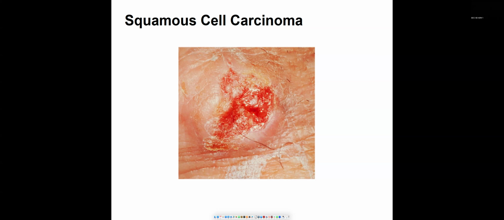Squamous, that's the word, means flat, reddish or brownish plaque. It can have a rough, scaly, or crusted surface, making it visually distinct from other skin lesions. Typical locations where you can find this are the face, ear, neck, hands, and the scalp.